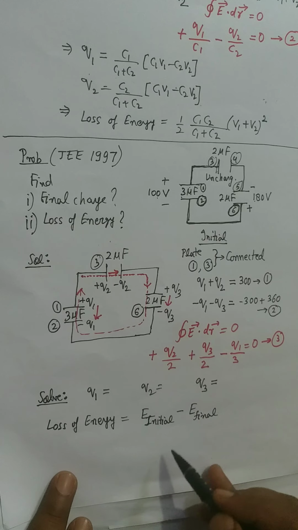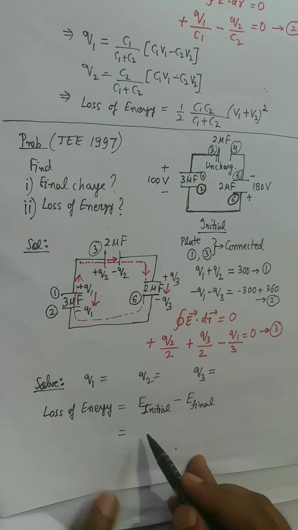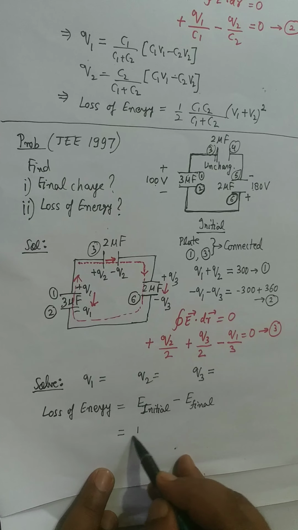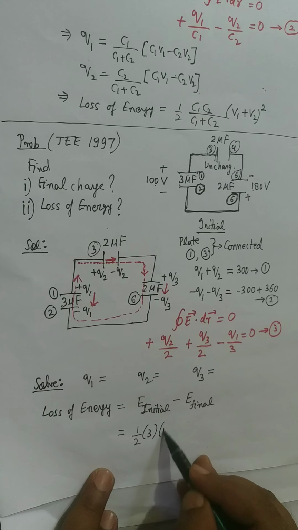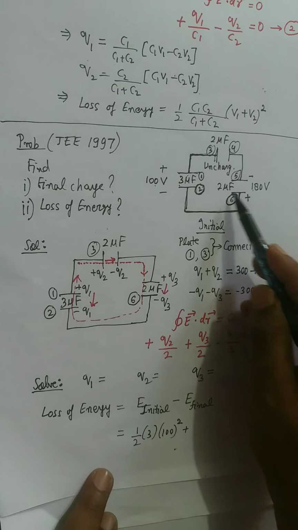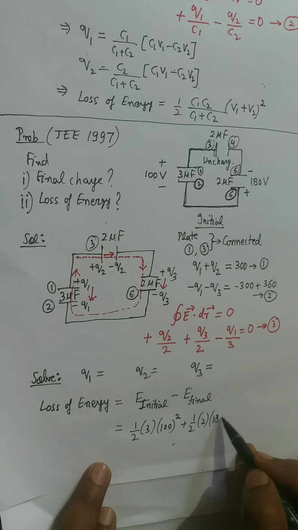So you will have initial energy minus final energy. Initially, this 3 microfarad capacitance will have an energy of half into 3 into 100 squared, by the half CV square formula. Then this 2 microfarad capacitor will have energy half into 2 into 180 squared.